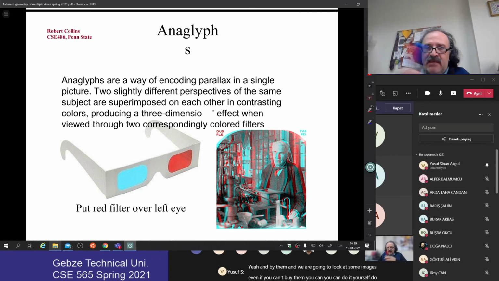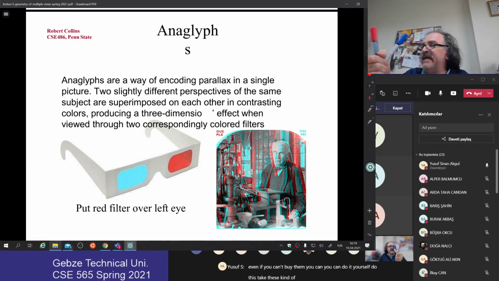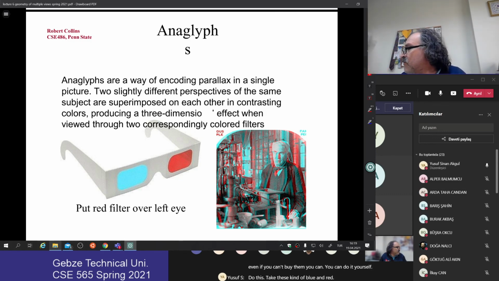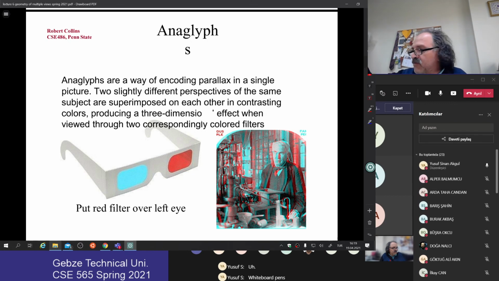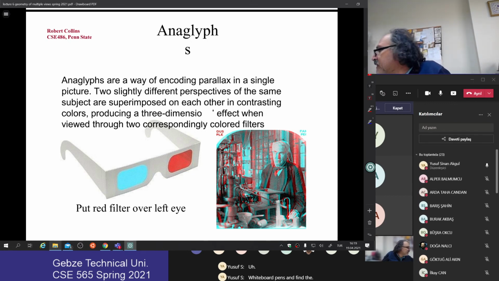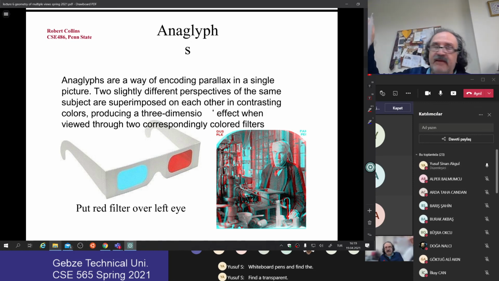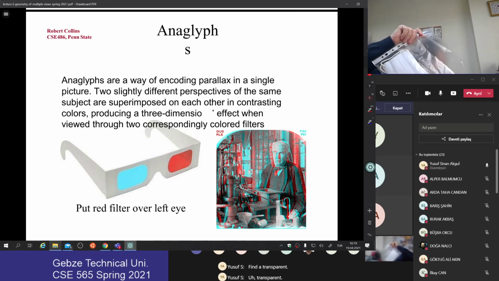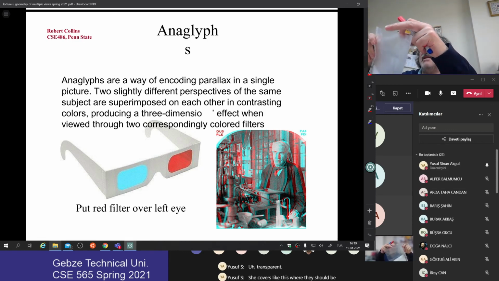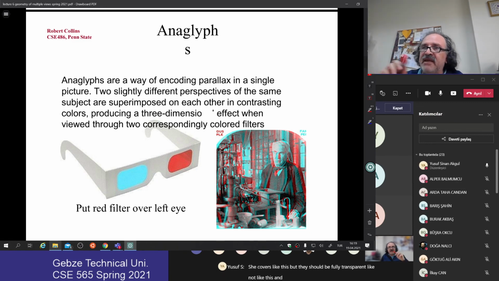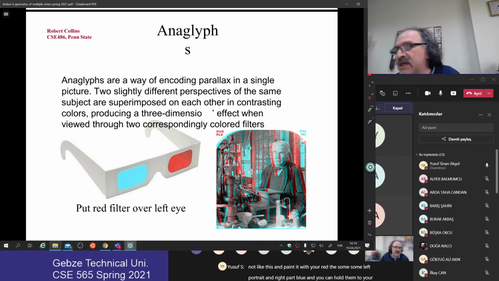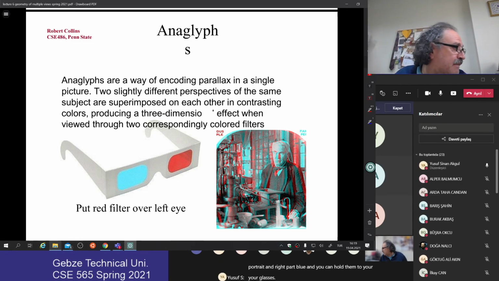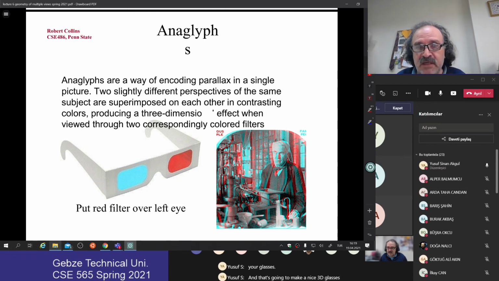Take these blue and red whiteboard pens and find a fully transparent sheet cover, not like this one, and paint some left part red and right part blue, and you can hold them to your glasses, and that's going to make a nice 3D glass. Okay, and we are going to look at these images next week.